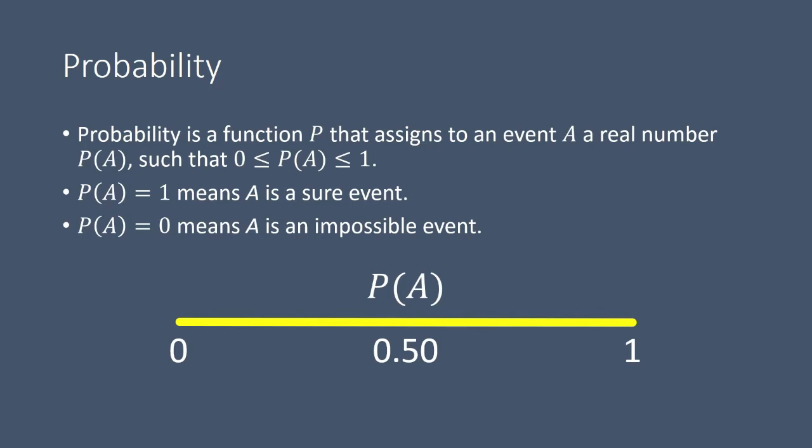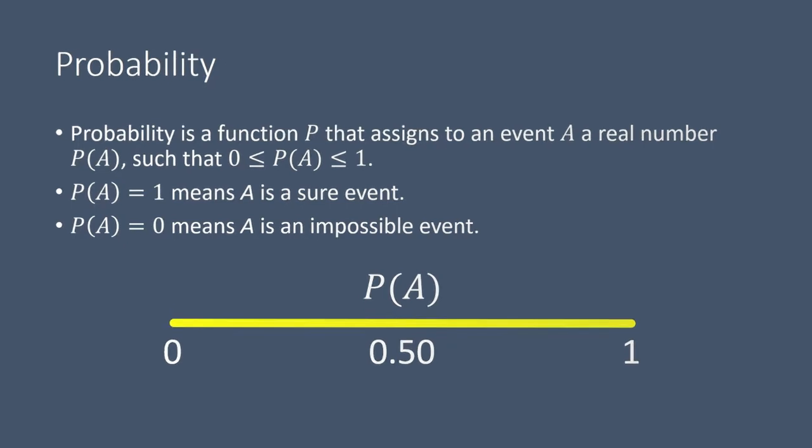When P(A) is equal to 1, then it is a sure event. When we say that something is 50-50, what we mean is the probability that that event is going to happen is 0.5. It's halfway between an impossible event and a sure event.